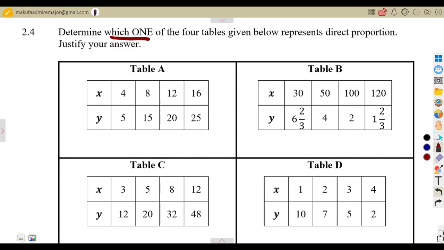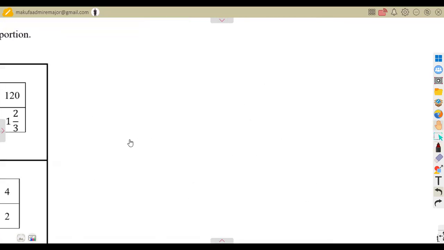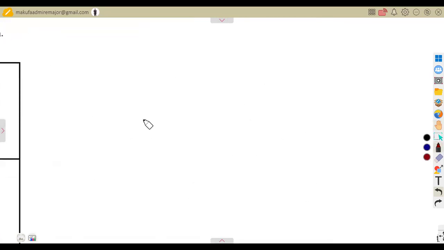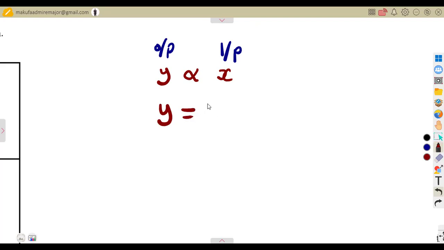So a direct proportion is considered this way. If Y is proportional to X, which is the input, it means Y is equal to a constant times X. Remember, X is the input.